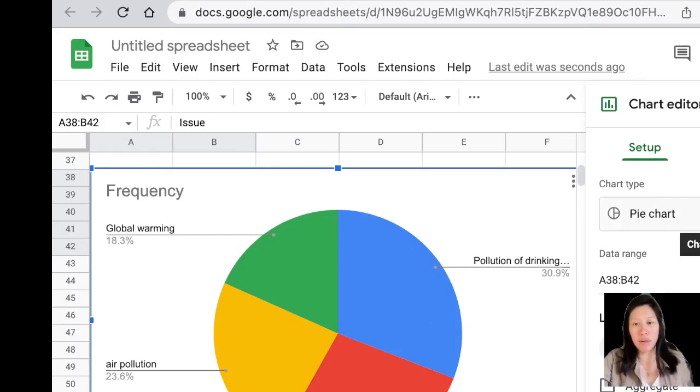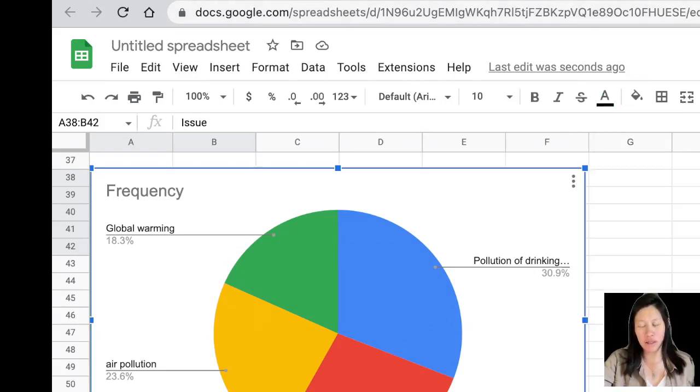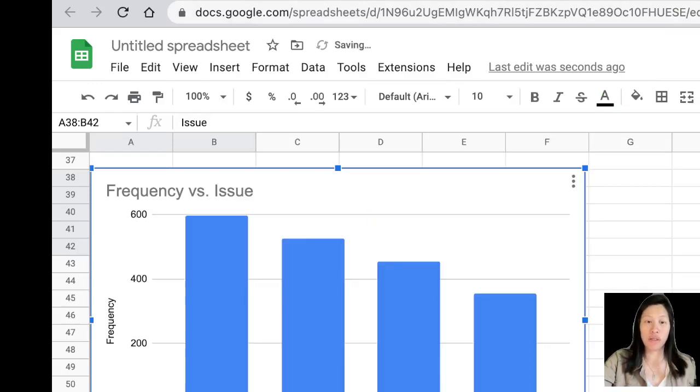So in the setup, you can choose bar chart or other histogram. So we can use frequencies versus issue. So here is the bar that you will be able to see. Again, you can play around with the customize and the setup.